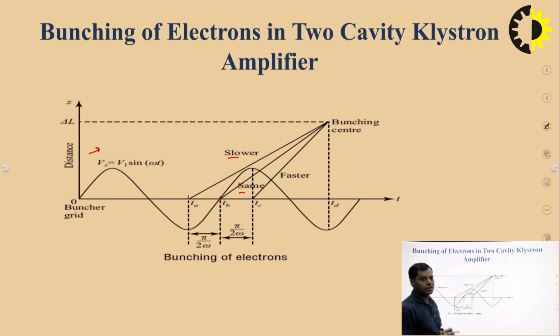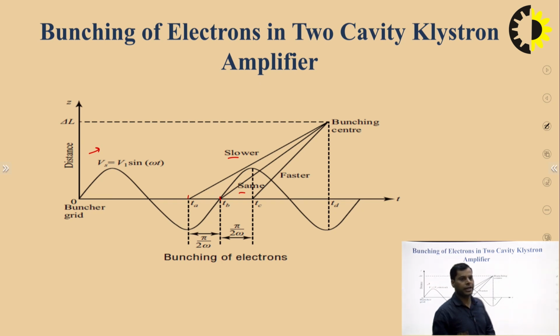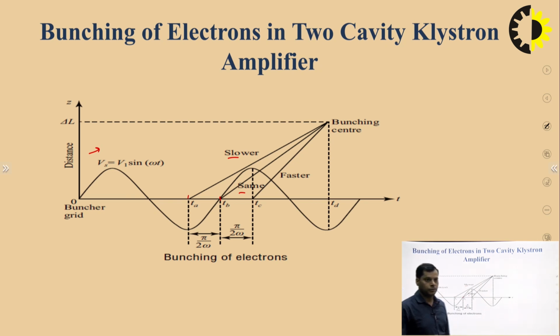After that, the next electron, in the positive half cycle, enters the gap region and moves towards the anode side.